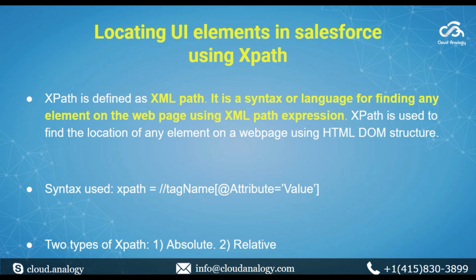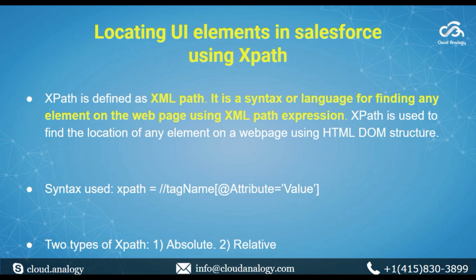We also need to know that there are two types of XPath that Selenium provides us. One is absolute and second is relative. Absolute is nothing but finding the absolute location of the element. For that we are just going to use a single slash, and we will navigate through the entire hierarchy of the elements present in the DOM.